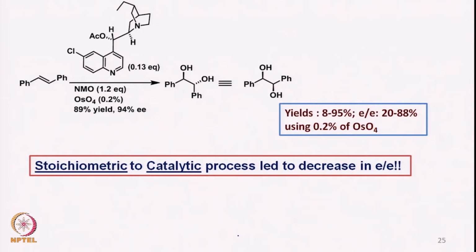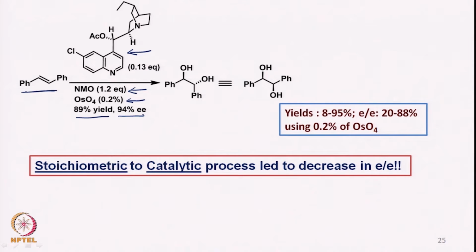Now if we look at one particular example, this particular trans-stilbene, under these conditions, this is the chiral ligand that was used, 1.2 equivalents of NMO was used and 0.2% of osmium tetroxide. It led to 89% yield of the product and 94% enantiomeric purity.